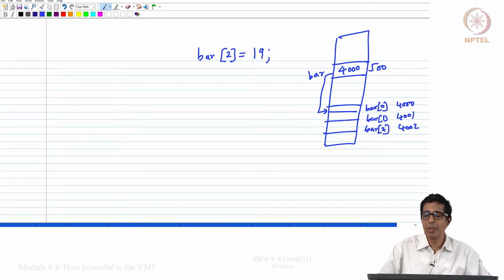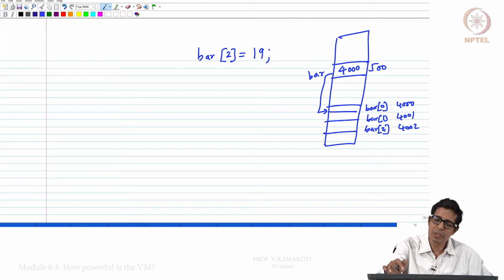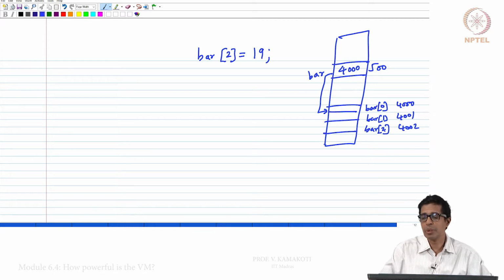So, essentially what we have to do is go to the location given by bar. Bar is mapped onto 500. We need to go to that location, get that value 4000, add the index 2, so you get 4002. In 4002, we need to store 19. This is how the whole thing has to work.